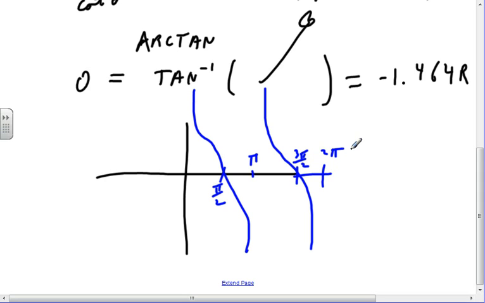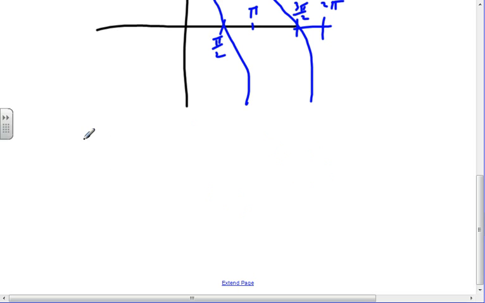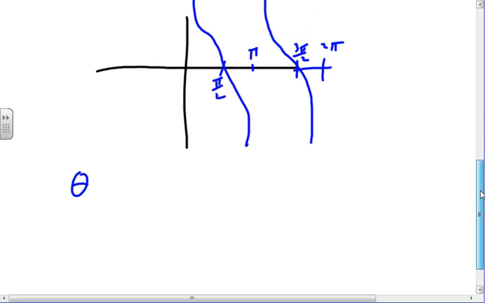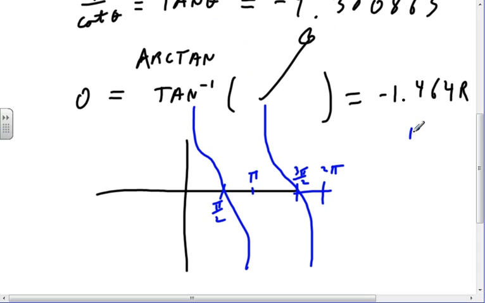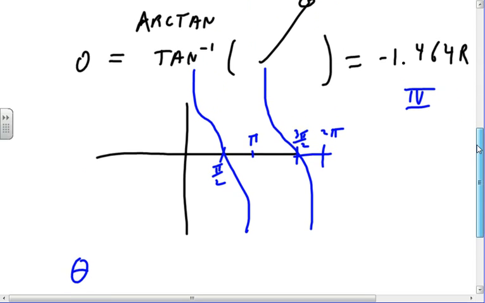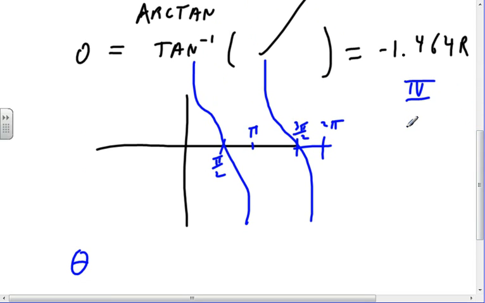All right, so I'm going to come up with a reference angle. This is obviously a fourth quadrant answer, right? That's a fourth quadrant answer. So I'm also going to want a second quadrant answer. So I'm going to look for a reference angle. So my angle in the fourth quadrant is 2 pi minus the reference angle.